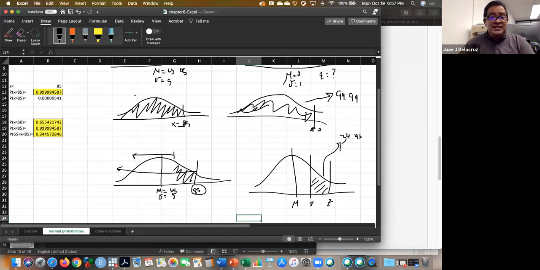So this 60 is going to be located, of course, to the left. So we're going to have 60 here. So we are going to have a Z-score here that is going to be located here. So this is the second Z-score. So the area that I want to compute is going to be here, between Z1 and Z2, right?